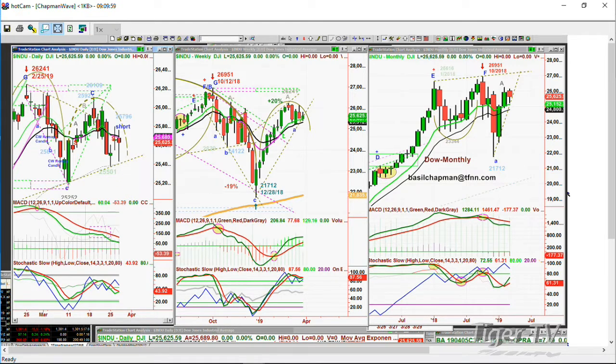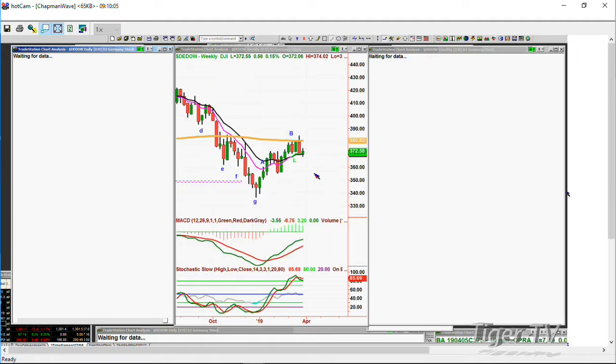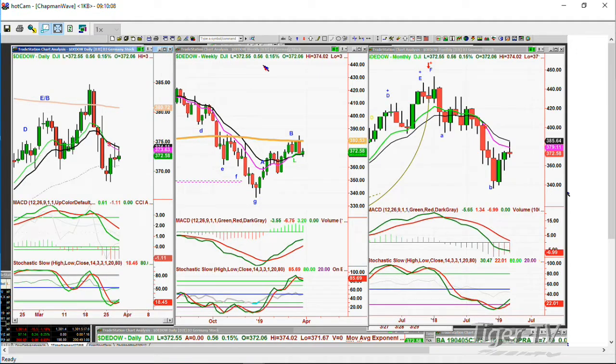I think just for the record, I know Larry likes to do this. I do not have the live DAX index, but I have something that is an exact replica. It is the Dow Germany Stock Fund, or so, I don't know what they call it. But that says that we've made a peak F in the Chapman wave top in the daily chart.